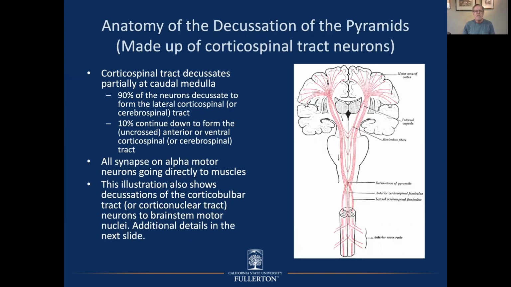All right, and you've seen this one before. It shows the anatomy that I just went through from a different perspective, showing the array of neurons that start in the motor homunculus.